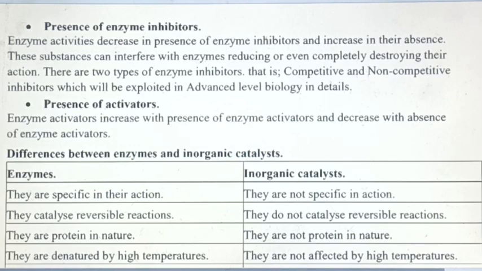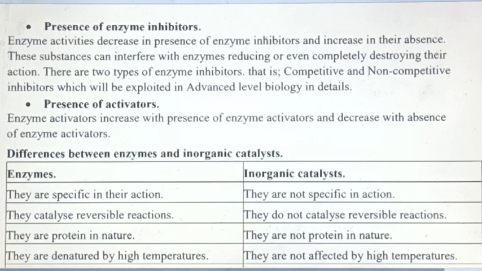For enzymes, we said they are specific in their action. That is, a specific enzyme works on a specific substrate. You cannot get an enzyme that works on two substrates. For example, pepsin, if it is made to act on proteins and convert them to peptides, then it will never react on carbohydrates.